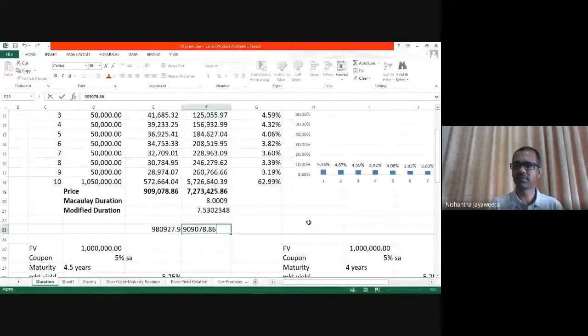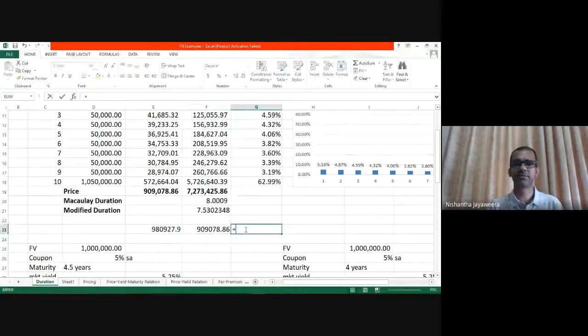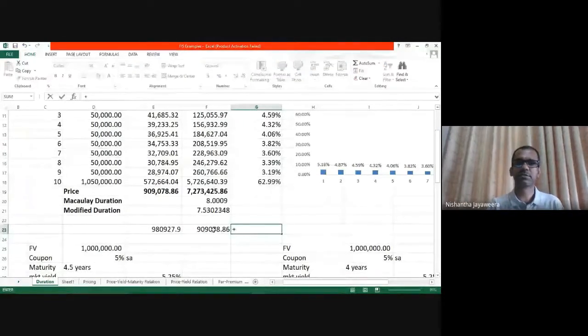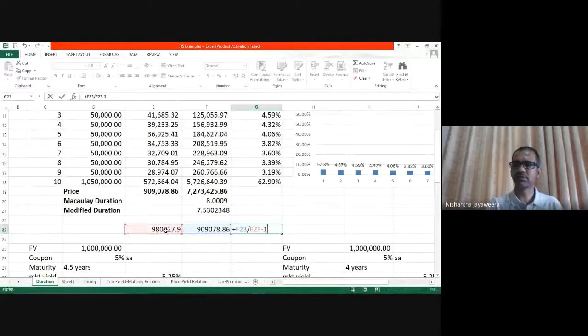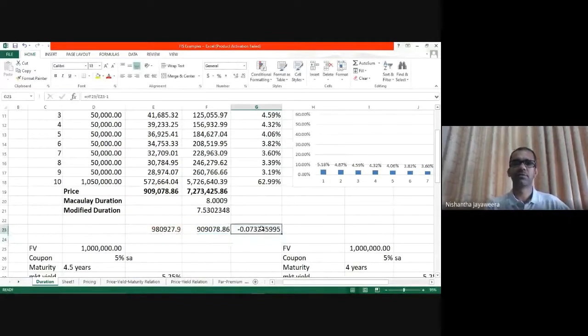What is the percentage change? So it comes as 7.32. Can you see? Modified duration is 7.53.